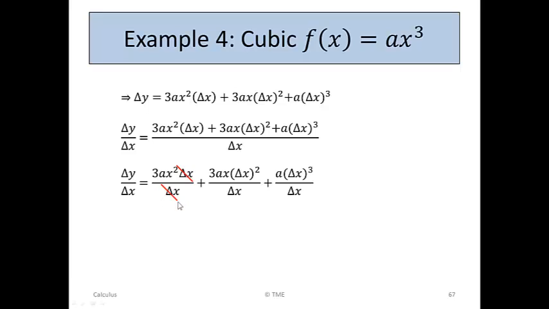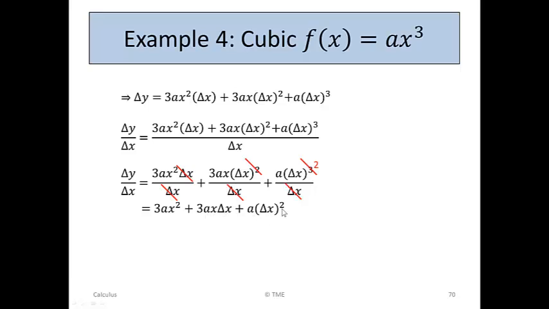And now doing some elimination, those two delta x's cancel. Delta x goes into delta x squared just once, and delta x goes into delta x cubed, delta x squared times. So we're left now with delta y over delta x is 3ax squared plus 3ax delta x plus a delta x squared.